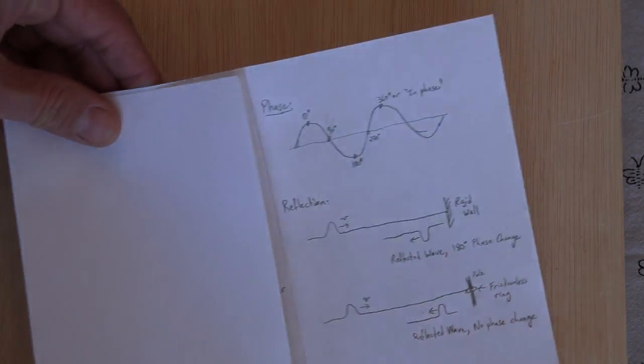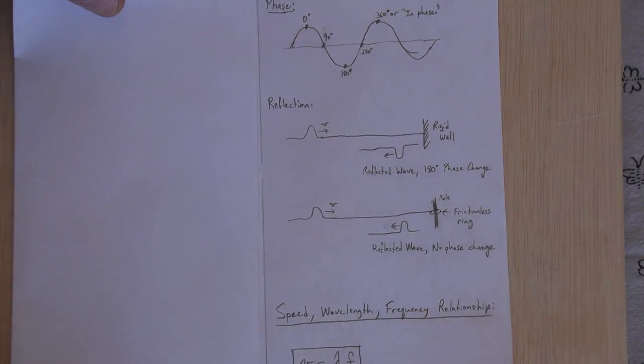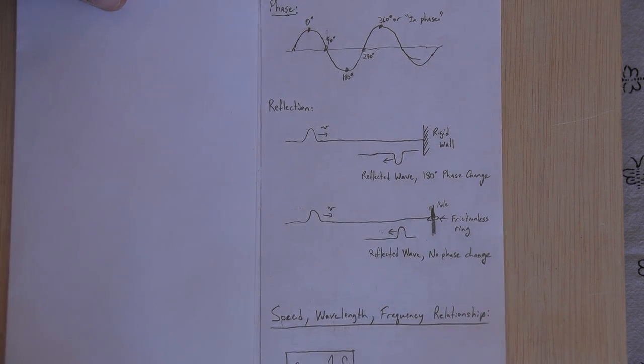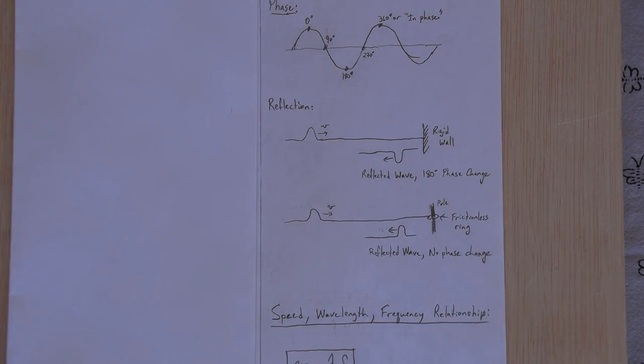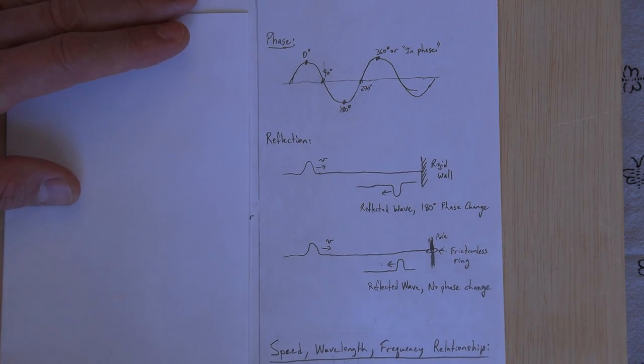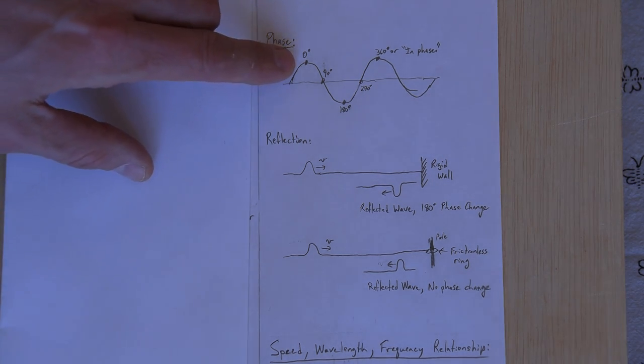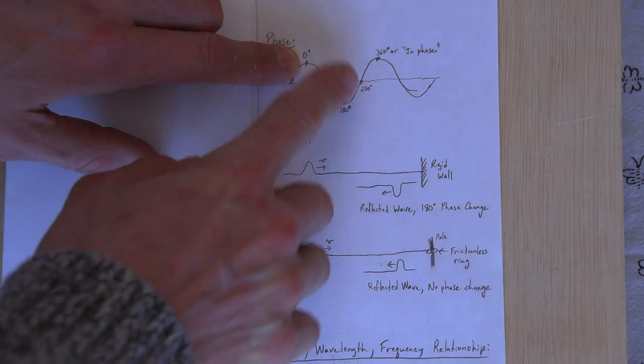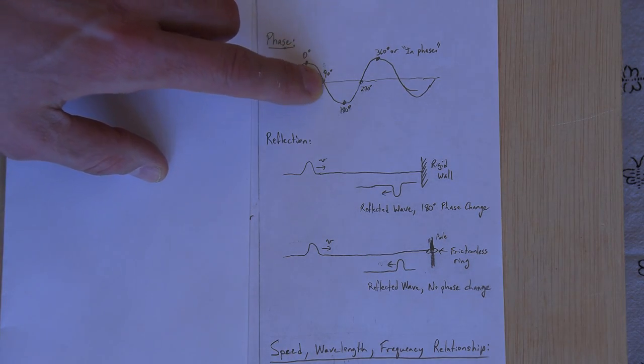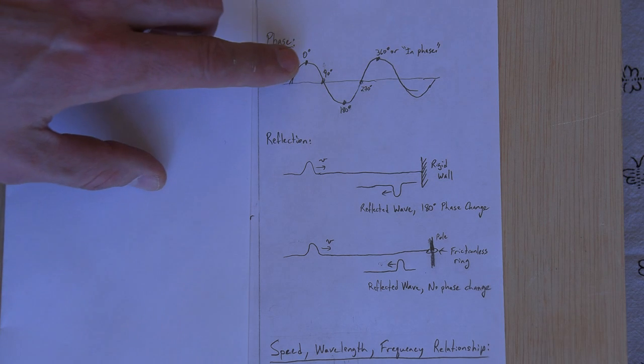Okay, another set of definitions. Phase. Phase is just like the coordinate or location of different parts of a wave. If we start with this point and we were to graph this, it would be a cosine function, right? Starting at a peak and oscillating like that.